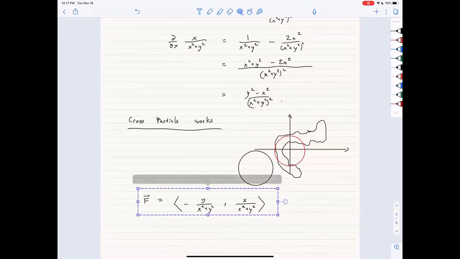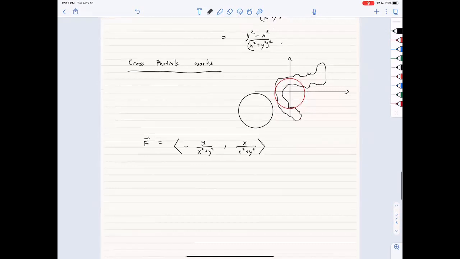So let's compute. It won't be a long computation. We'll orient the unit circle counterclockwise. So this will be our circle C, the unit circle.